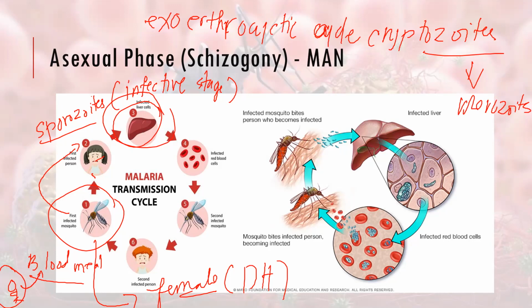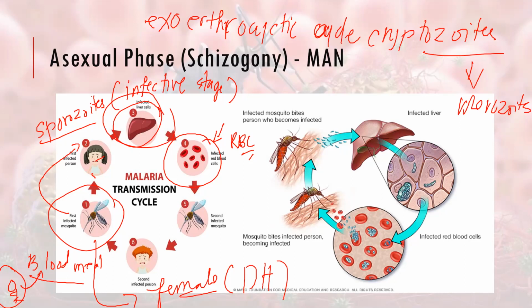So what will happen? The merozoites will enter the red cells, infecting the RBC. Take note, people of God, take note. Our RBC is the organ or the site of the infection.